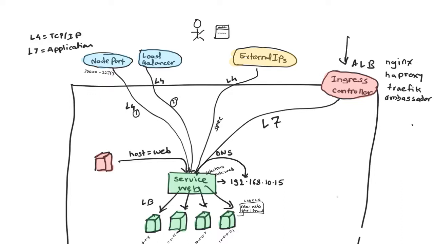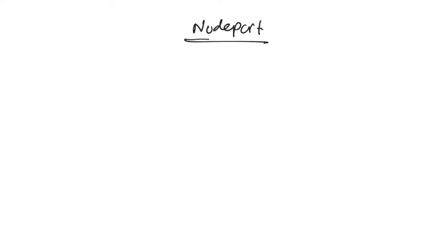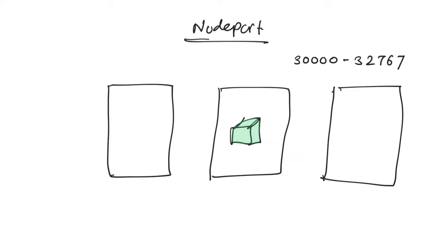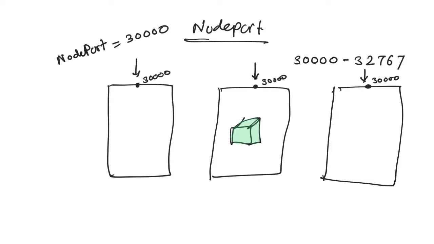And what is interesting is it will expose this port on every single node, the same port. Let's say you have exposed this service on port 30,000. So what is going to happen is the 30,000 port will remain reserved on every node in the cluster. And no matter which node the traffic goes to, it will automatically redirect that request to the pod, even if the pod does not exist locally.